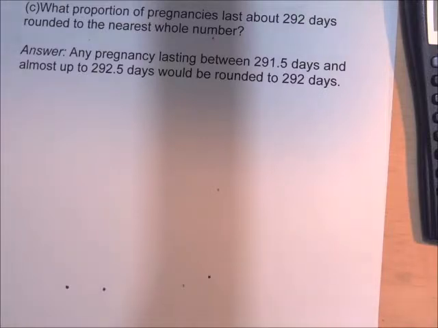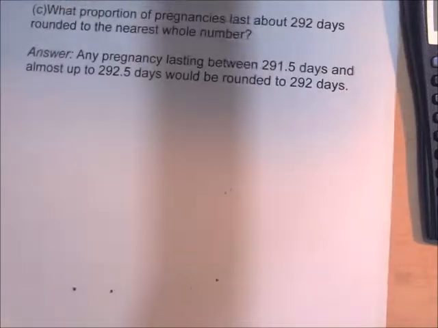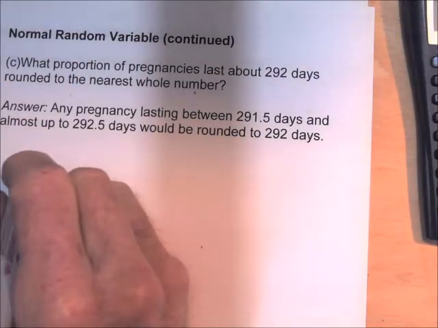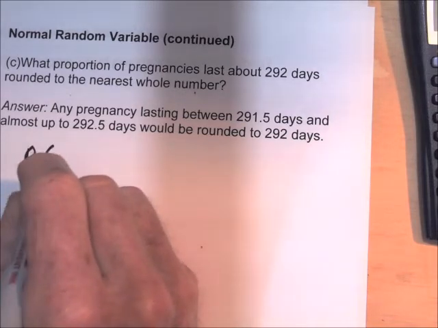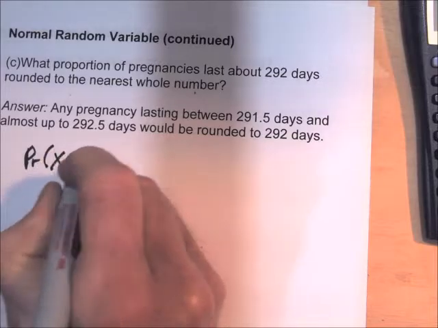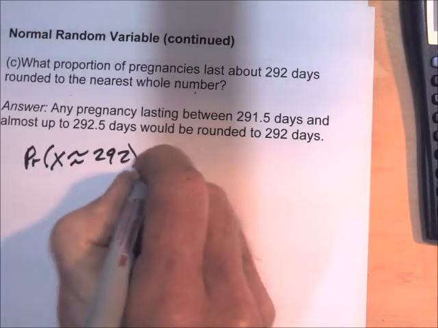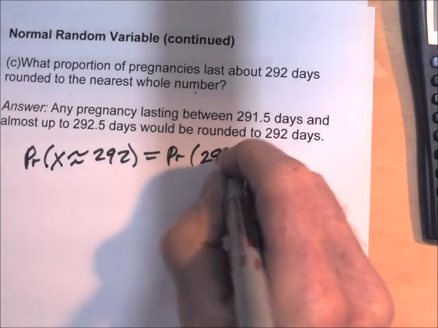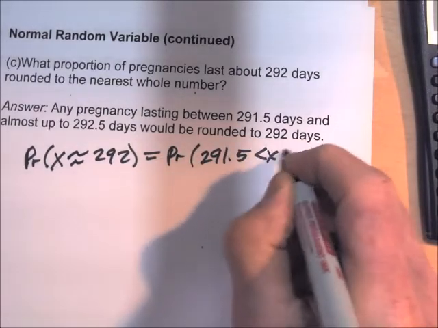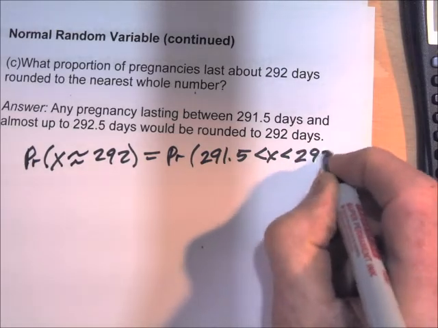Anyway, if you want the proportion of pregnancies lasting about 292 days, rounded to the nearest whole number, then that will have a positive probability. That will have an area. So the probability of x is, say, approximately 292, and we're going to count everything as between 291.5 and 292.5.